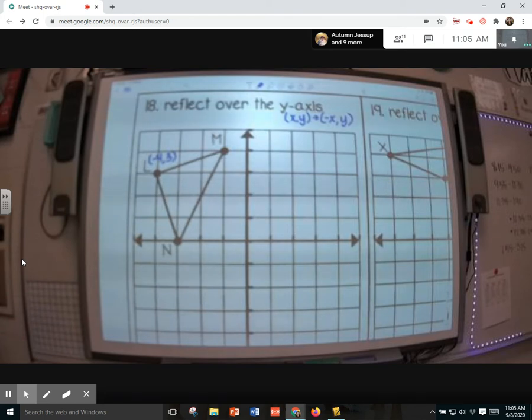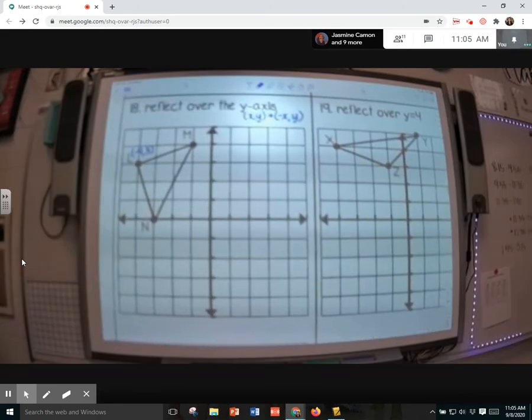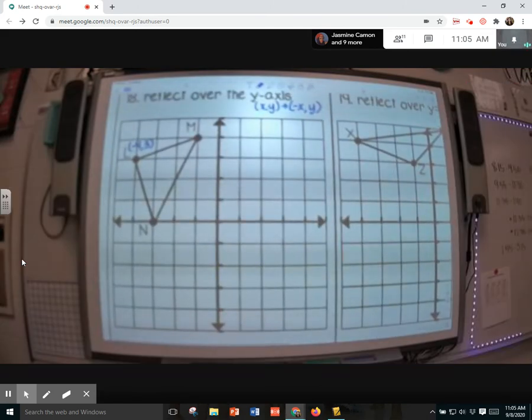If I put on your test or quiz to fill in the blank for the coordinates, yeah. Like right here, they're not required because in the directions, it doesn't tell you to. But I use them to graph. You could do the counting: L's 4 to the left, go 4 to the right. That's easier for me. So L prime is going to be at, change the sign of your x and keep your y, so at 4, 3.